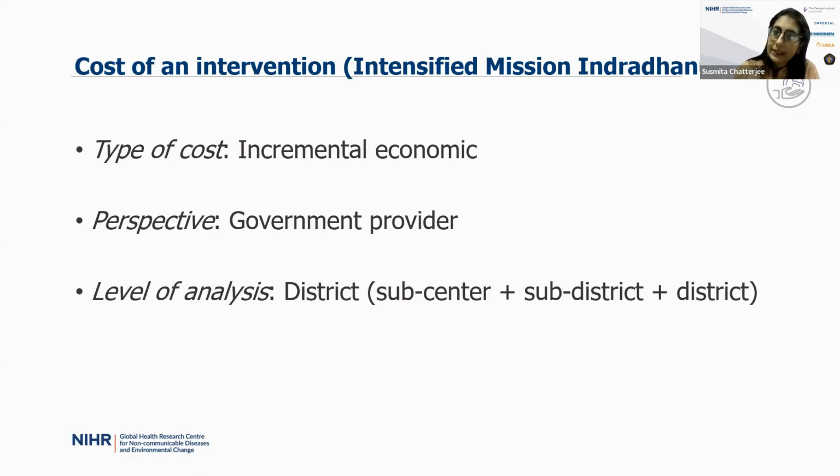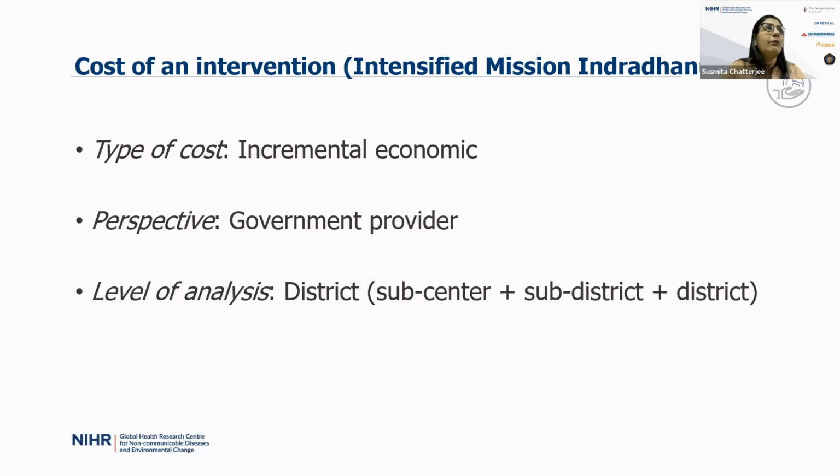So for an intervention, it's not a full costing, right? It is clear now that it's not a full costing, because it was not the program. It was an addition to the program. Now, what was the addition? In India, in terms of immunization coverage, we struggle. In 2018, when IMI was launched, it was about 65 to 67%.